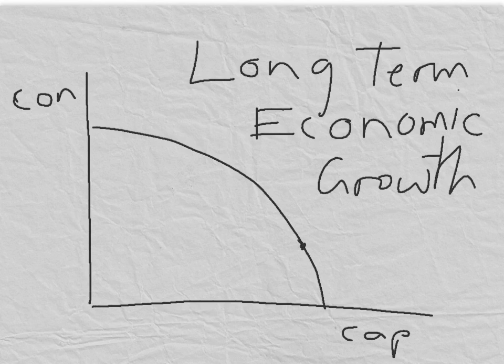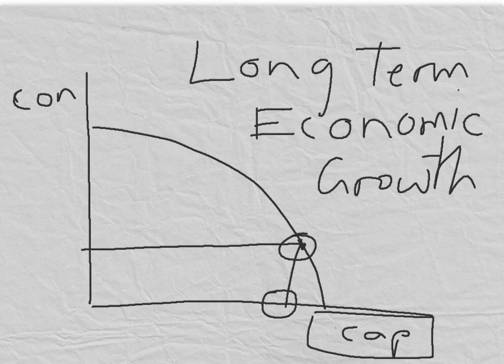If an economy chooses to use many of its resources to make capital goods such as machines, after a few years the economy will have accumulated a lot of machines, a lot of capital goods. And its ability to produce both capital and consumer goods will be increased because it now has more machinery that it has built up over many years.